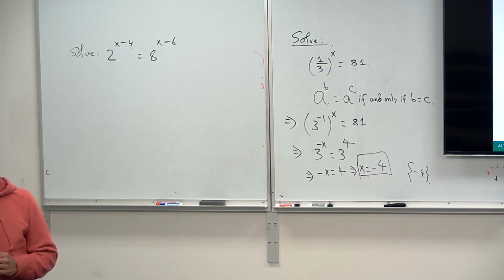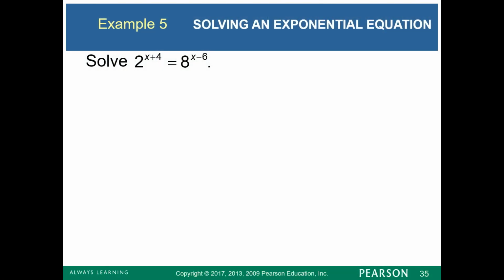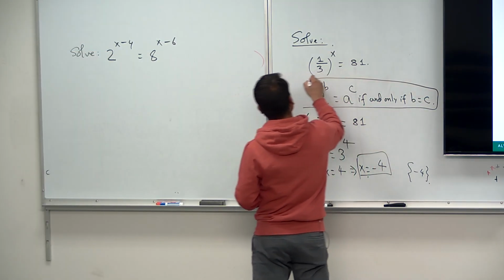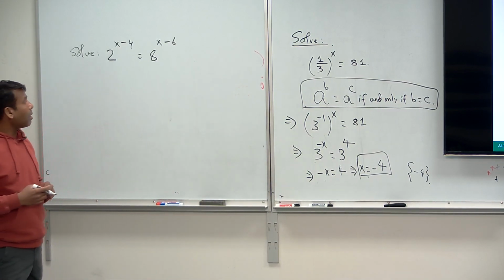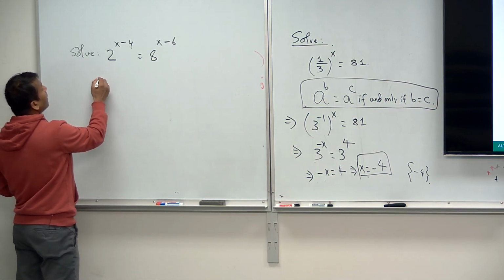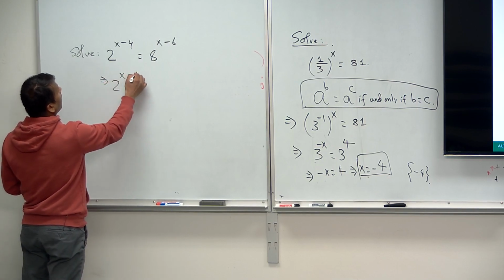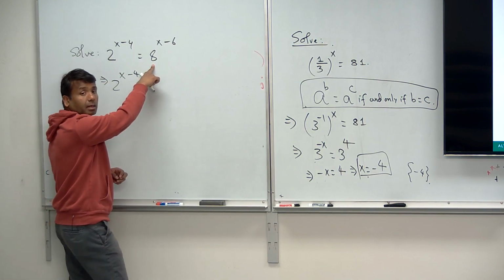You try to make the common base on both sides. So here you have a base 2, right? So can you make the base 2 here?